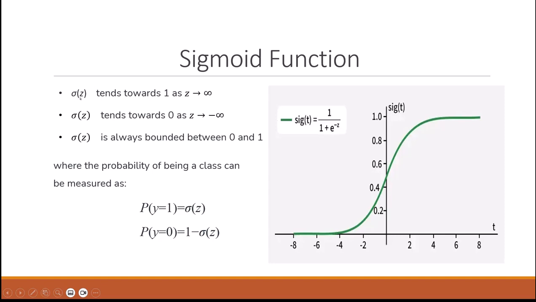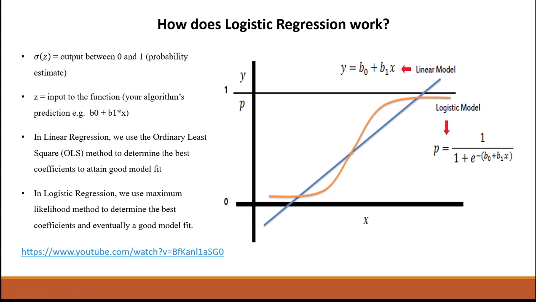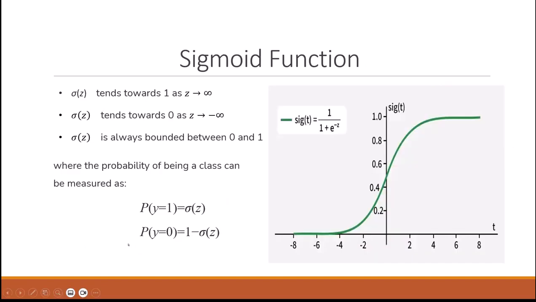So sigma z tends towards 1 if z increases to a very high value, and tends to 0 if z decreases to a very low value, and it is always bounded between 0 and 1, because it is used for predicting probability. So the probability that the event happens is sigma z, and the probability that the complementary event happens is 1 minus sigma z.